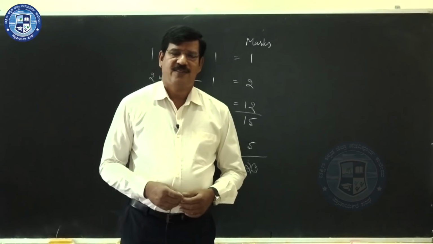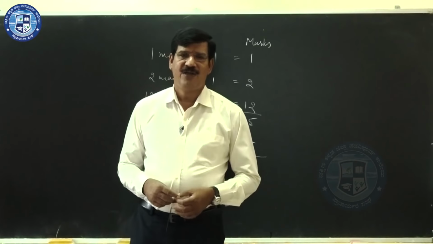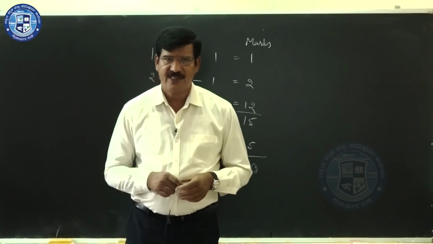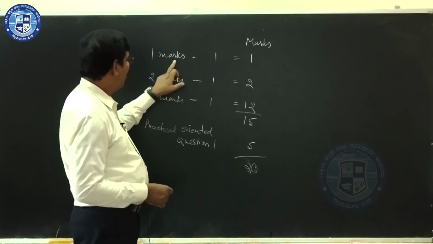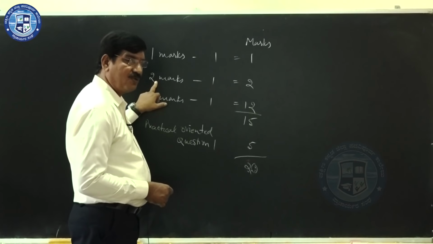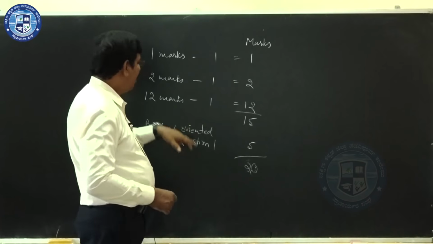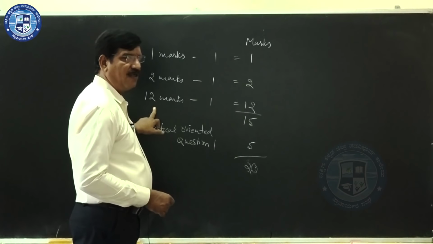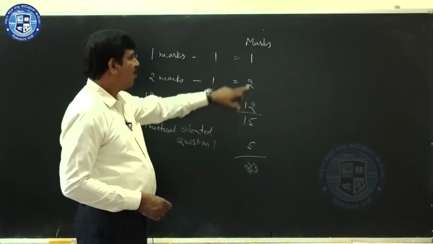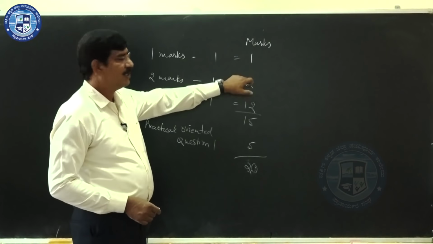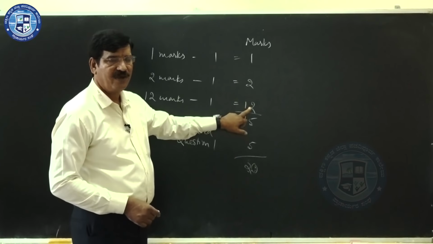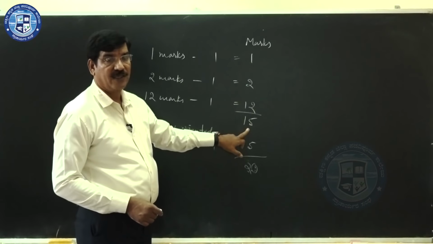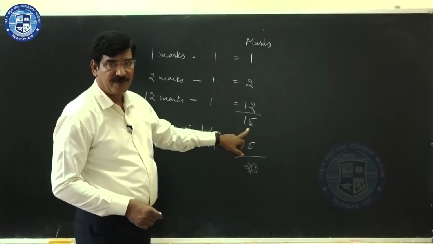Dear students, once you look at the question paper, you will find some 3 or 4 questions: a 1 mark question, a 2 marks question, and a 12 marks question. So a total of 15 marks are allotted to this chapter.